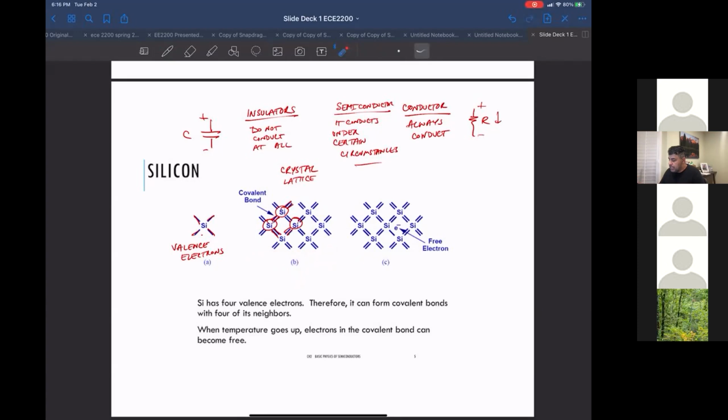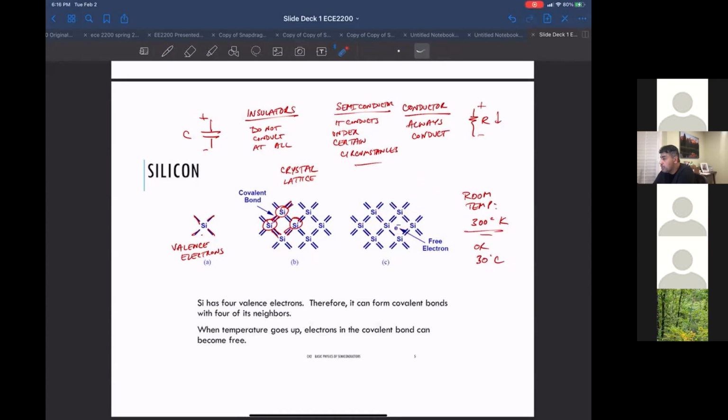Now, what happens at higher temperatures than that? Let's say you're using the silicon at room temperature, which is defined as 300 degrees Kelvin, or roughly 30 degrees Celsius. What happens is some of these electrons get energetic enough to break free from these bonds and start floating around the lattice.